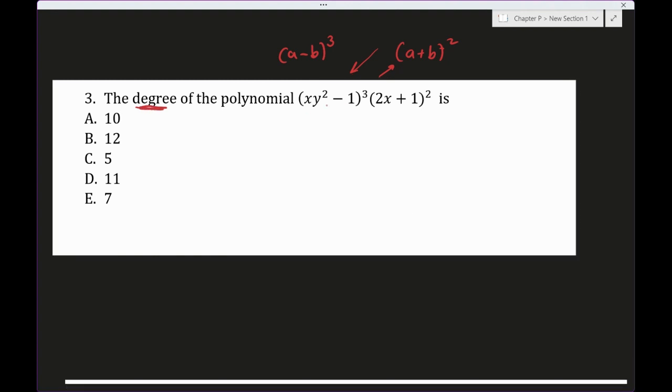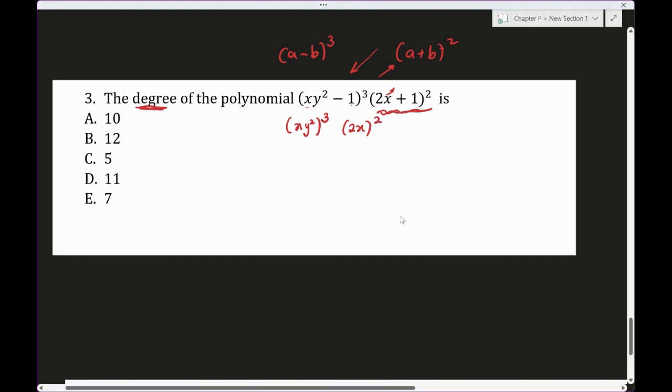Now, when you have this polynomial with two terms, the highest power of the variable will come from the first term. So it will come from x squared y all to the power 3. The highest power from the second polynomial, this one, will come from the first term here, which is 2x to the power what?